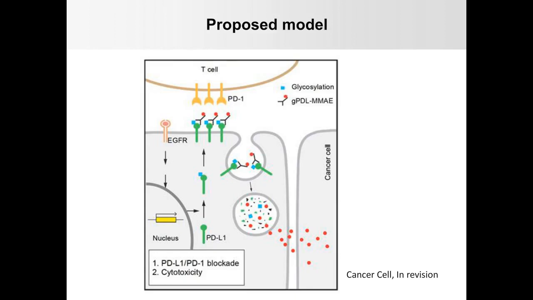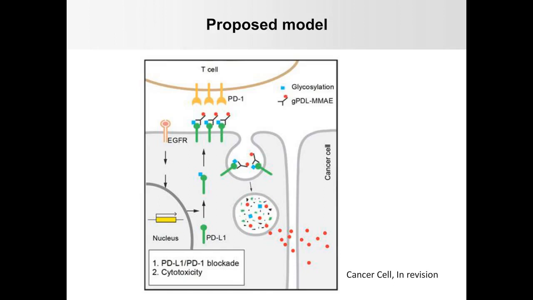If we can create an antibody that specifically recognizes glycosylated PD-L1, we have the ability to induce PD-L1 internalization, and once this endocytosis event happens, it will go to the lysosome and then get degraded.